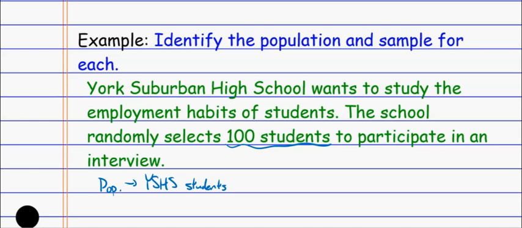Those 100 students are our sample. The sample is the 100 students being interviewed. So that's the idea. We want to know something about all York Suburban High School students, and we use a chunk of that population to get an idea of what the whole population might be like.